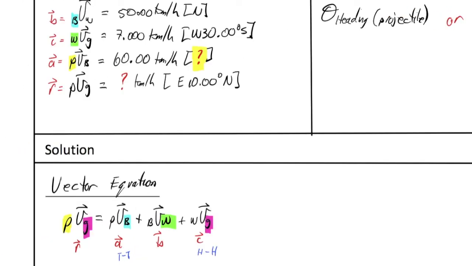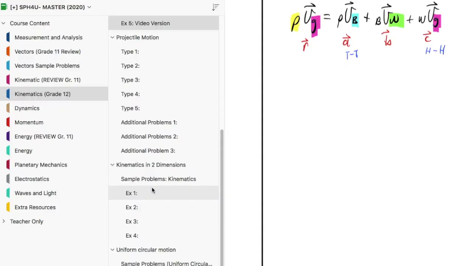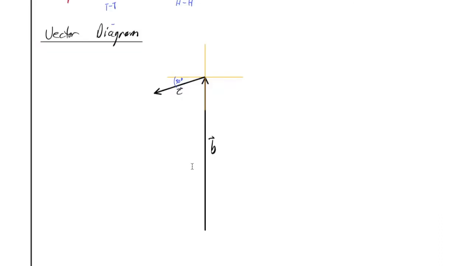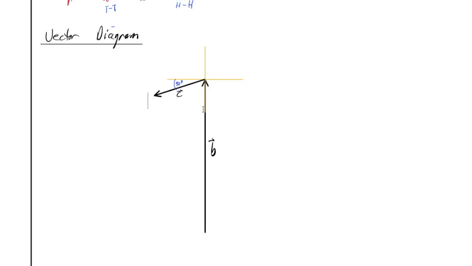The next step is to draw the new vector diagram. And most of the vector diagram we can use from the previous one, but there are a few changes that we have to address. All right, so we've copied the portion of vector B and vector C because that's the same as before.